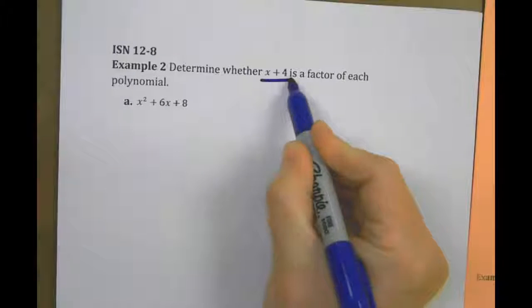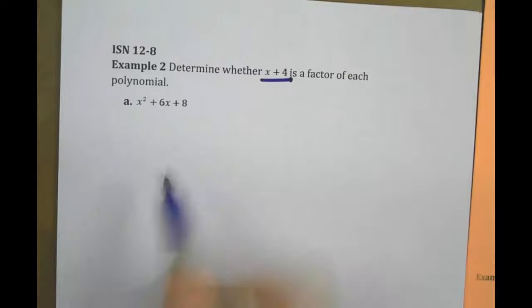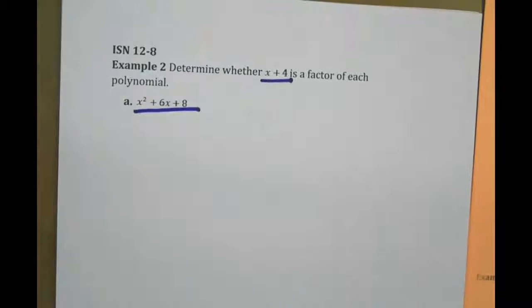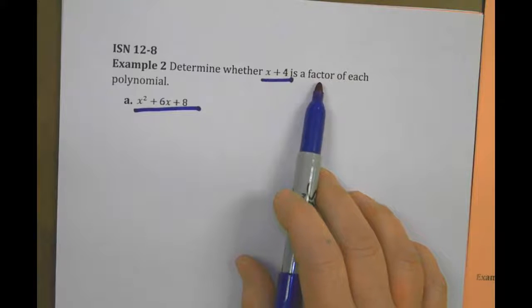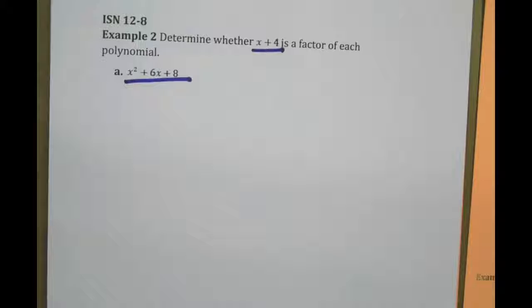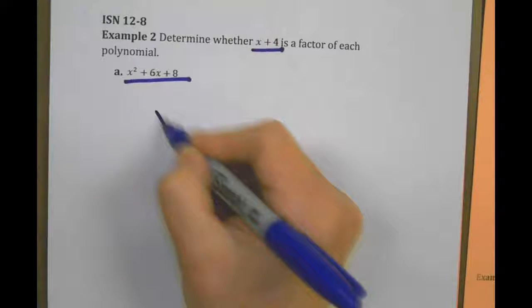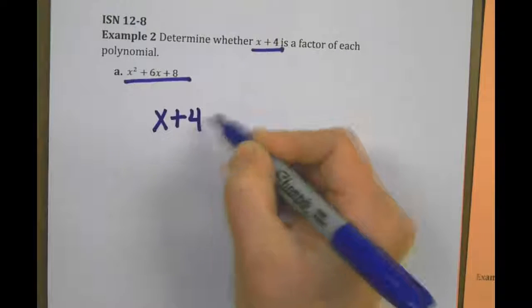If this is a factor of this, when you divide it, the answer is 0. The remainder is 0. That's how you tell if something is a factor, if it divides into it evenly with no remainder. So, polynomial long division looks like this.